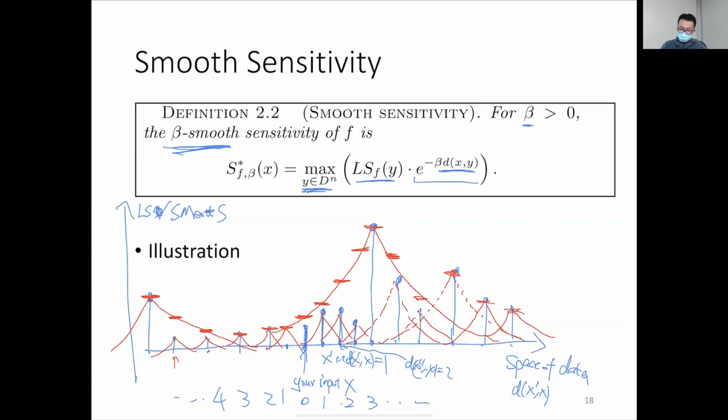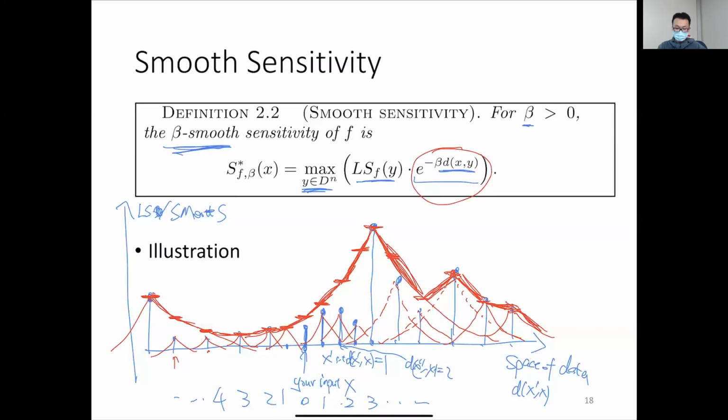So ultimately, when you draw this smooth sensitivity, you can see that in some cases it is equal to the local sensitivity. In other cases, it is larger than the local sensitivity, like for instance here, right? What you end up getting is a smoothed version, and it remains an upper bound of the local sensitivity, but it is smoothly changing by this exponential function according to the definition, right?